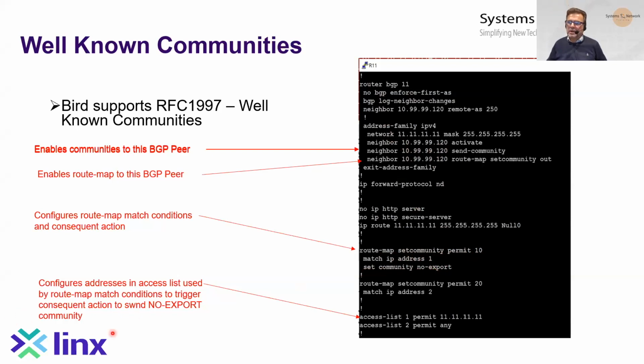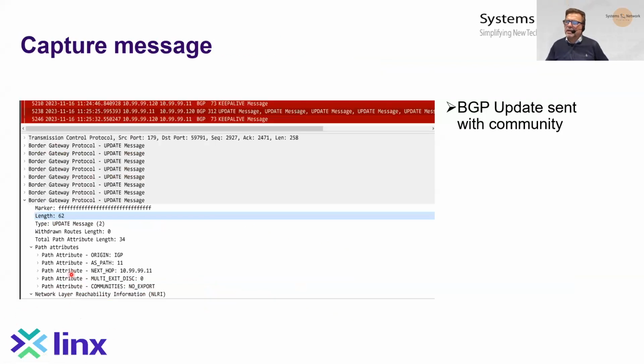I have a slide here to show you what this looks like in the capture, but we'll do this live. When I capture my outgoing packets to my route server, I'm looking for an update packet, and this particular update packet is sending the routing update with this community in it.